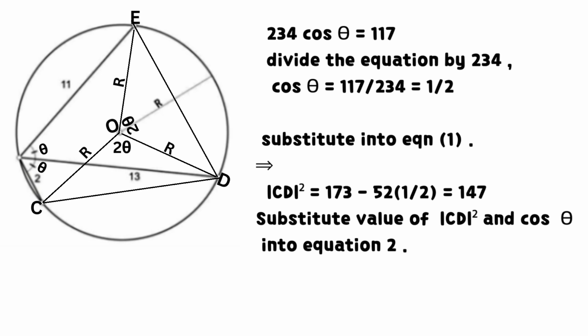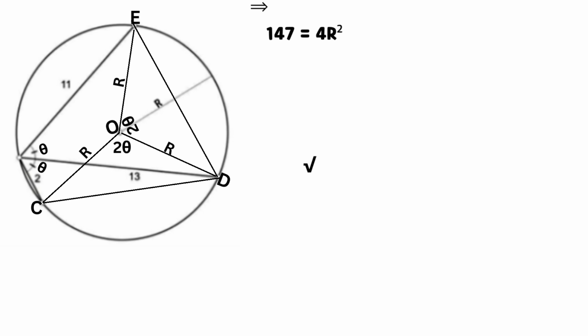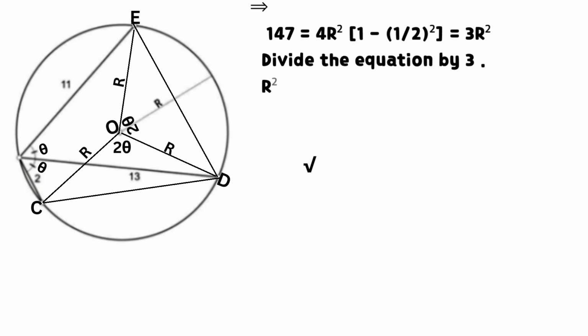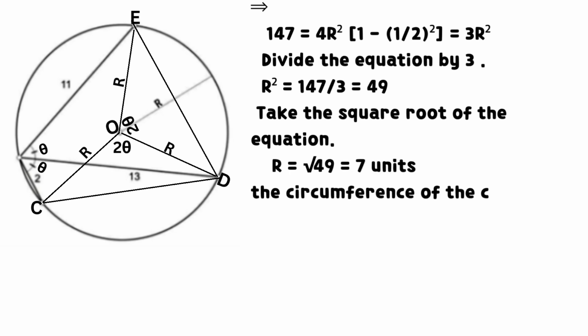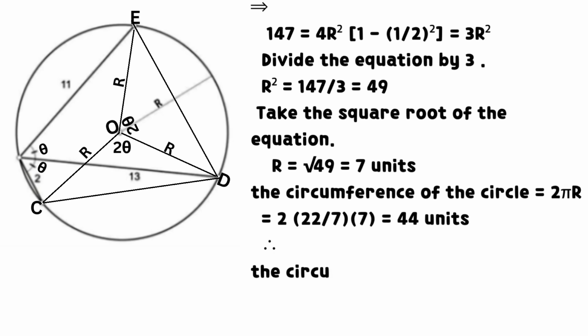Substitute the value of the square of line CD and cosine θ into equation 2. 147 equals 4 times the product of the square of R and 1 minus the square of half, which equals 3 times the square of R. Divide the equation by 3 and we have that the square of R equals 147 divided by 3, which equals 49.